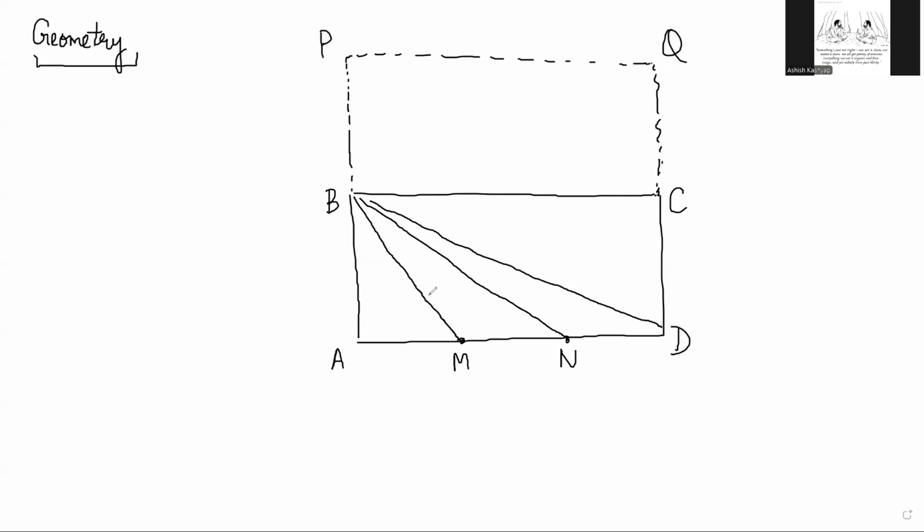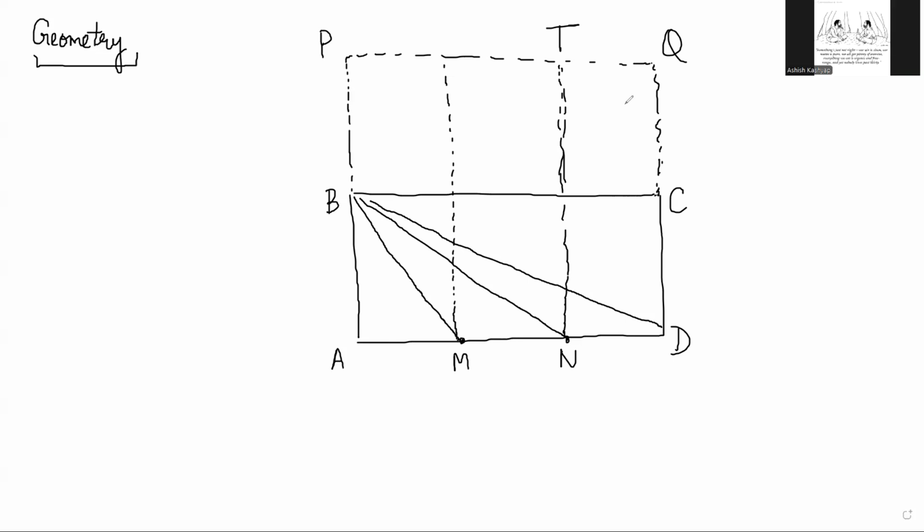There is a common side BC. Now from M, draw one line parallel to this side, and from N, another line parallel to this side. We can call this point T. And obviously, PT is equal to 2 times TQ.